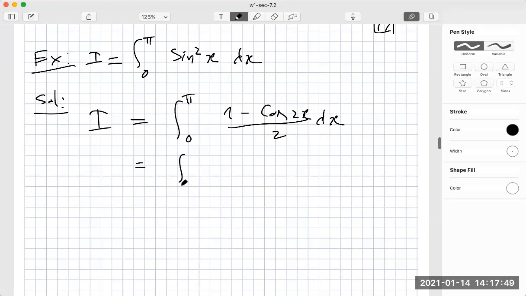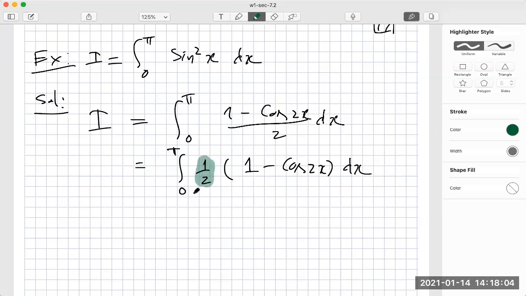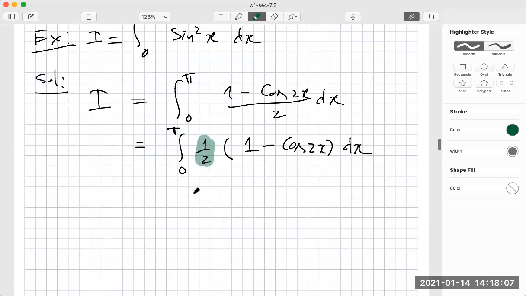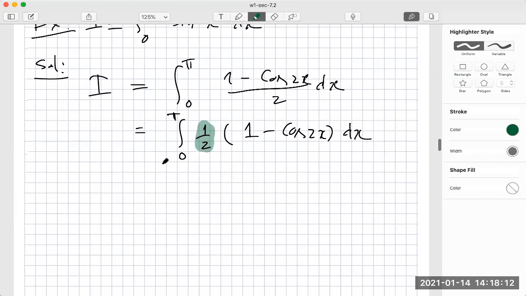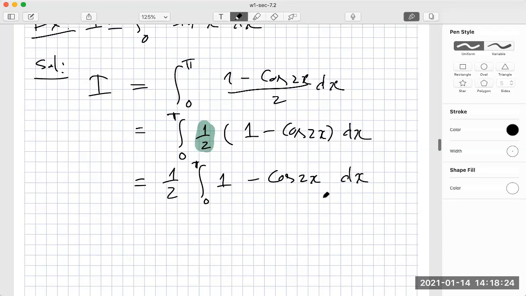Another way to write this is 1/2 multiplied with 1 minus cosine 2x, right? It's the same thing. But this constant, we can take it out of the integral, make our life easier. Okay? If you see a constant, take it out of the integral. So I prefer doing it that way, to avoid a lot of mistakes. So inside here, we have cosine of 2x dx, right?